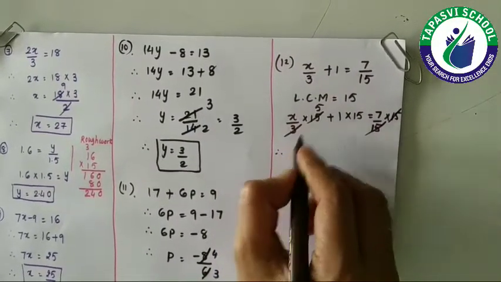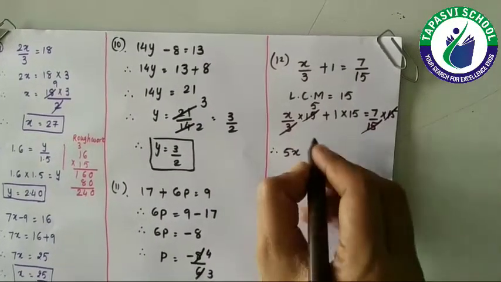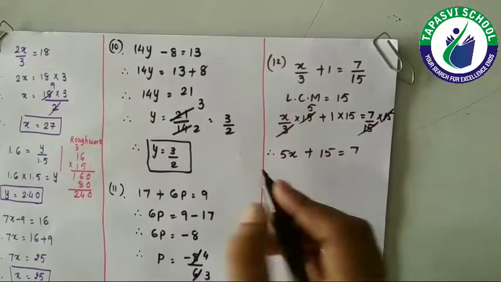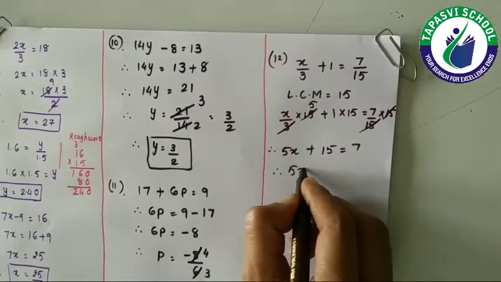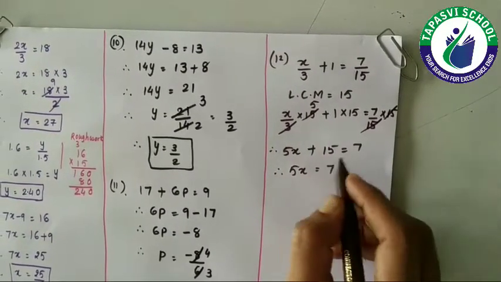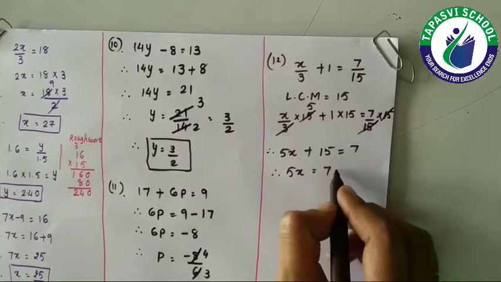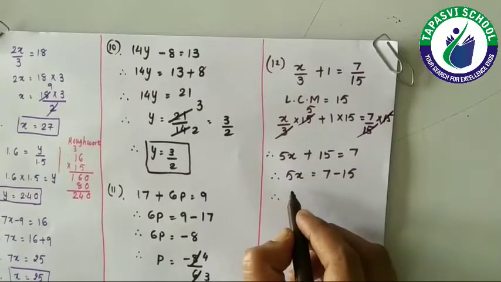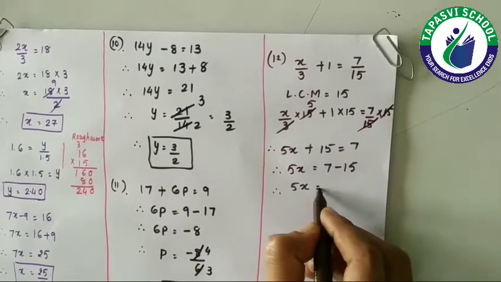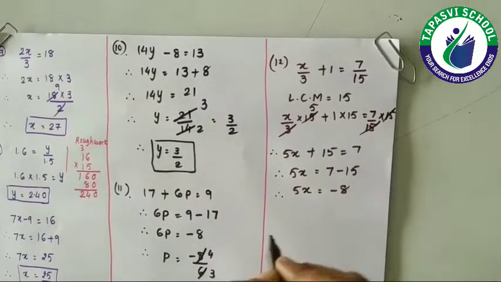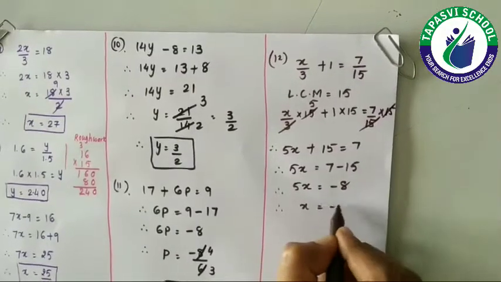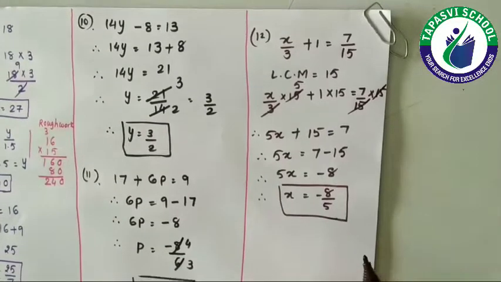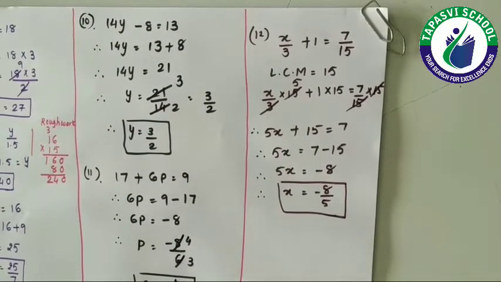So here 5 into x, that is 5x, plus 15 1s are 15 is equal to 7. Now 5x will remain as it is, here 7 plus 15 will come this side, it will become minus 15. Therefore 5x is equal to minus 8, and x will be minus 8 upon 5. So this will be the value of our variable.